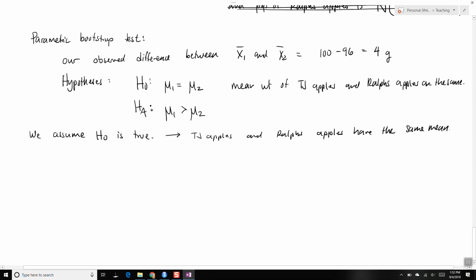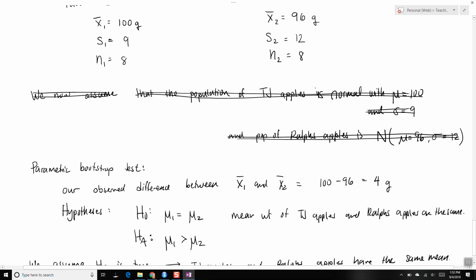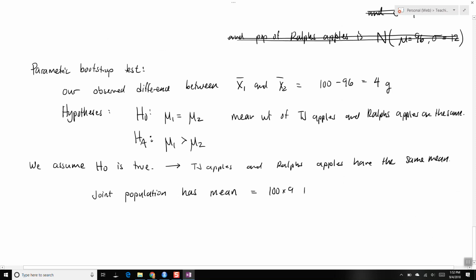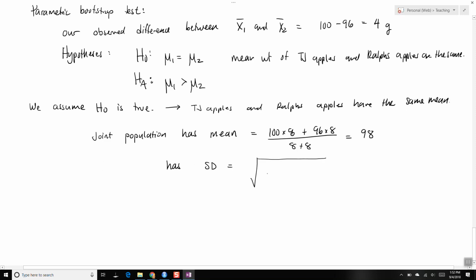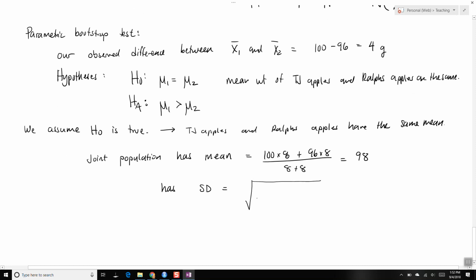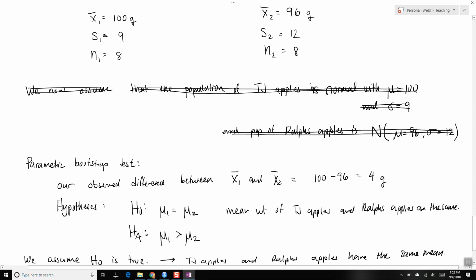Okay, and so we'll say the joint population has mean equal to 100 times 8 plus 96 times 8 divided by 8 plus 8, which ends up being 98, and has standard deviation equal to the square root of 9 squared over 8 plus 12 squared over 8.